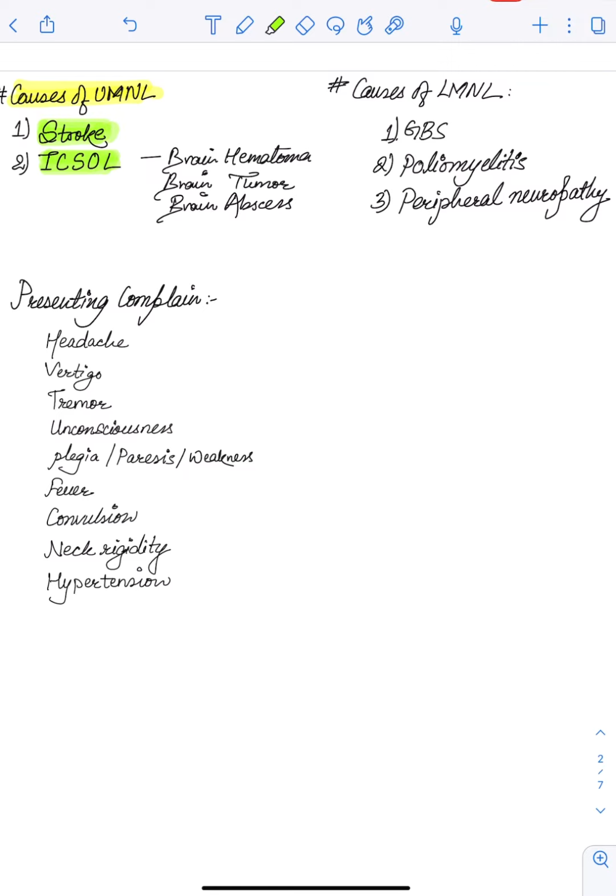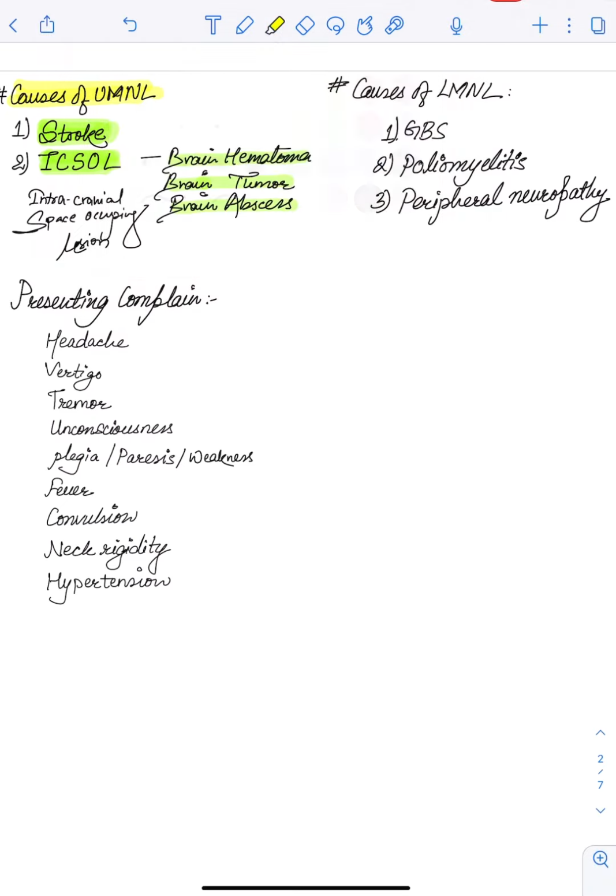As a medical doctor, as an intern doctor, you should know about stroke and ICSOL, which stands for intracranial space occupying lesion. Stroke is a good topic to study. ICSOL includes brain hematoma, brain tumors, and brain abscess.